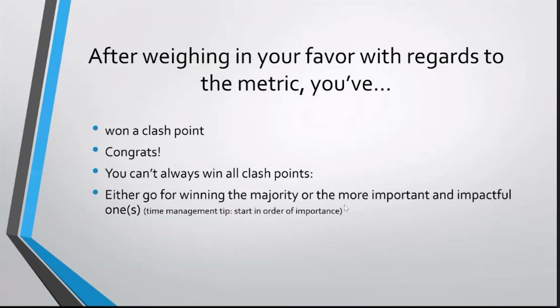Sometimes it's okay to admit that your team did not win a clash point by the metric you've chosen, but you have to, again, prove that this is a very, very small win on the other side, that it's very inconsequential to the debate. And a very important time management tip, I would say, when presenting and weighing the clash points, start in order of importance. So in case your time runs out at the end, if your speech has to end sooner than you've anticipated, it would be only not as important clash points that would be left out.